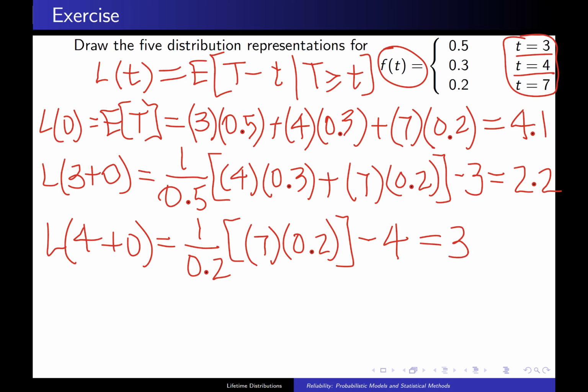So the mean residual life just epsilon to the right of 4 is 3. Now, what happens between t equals 4 and t equals 7? Well, over those 3 time units, this thing is going to go from 3 down to 0, and that's the picture that we had on the previous slide.